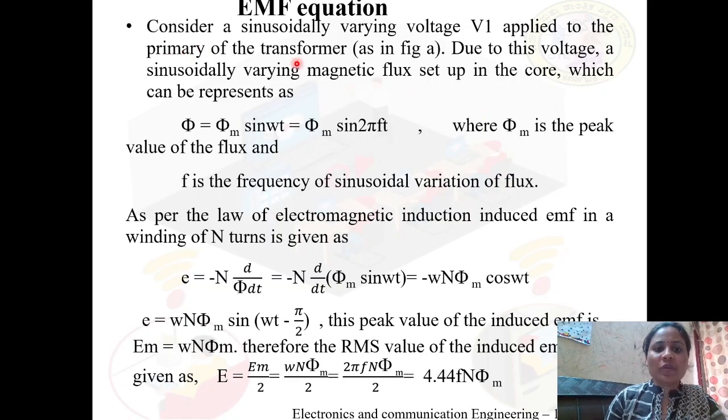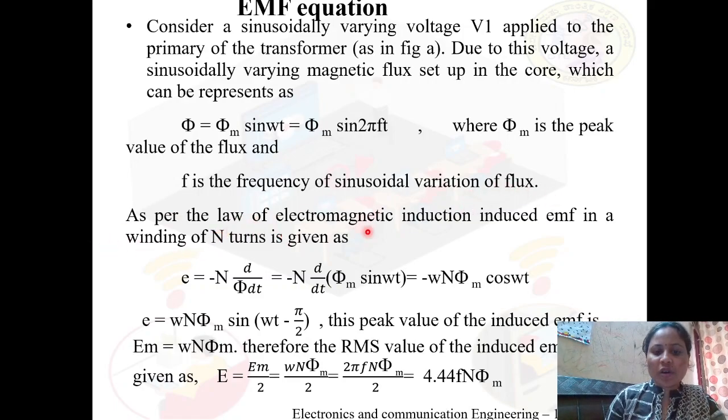Whenever a sinusoidally varying voltage, that is input voltage V1, is applied to the primary of the transformer, this voltage produces magnetic flux in the core, and we can represent the magnetic flux as phi, which is phi m sin omega t, where phi m represents the maximum or peak value of the flux, and f is the frequency of the sinusoidal variation of the flux.